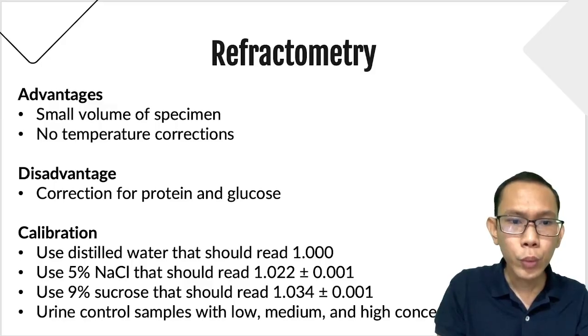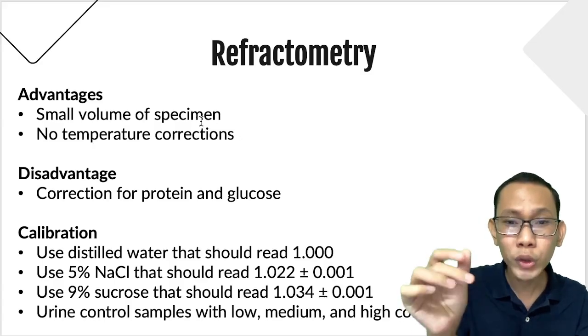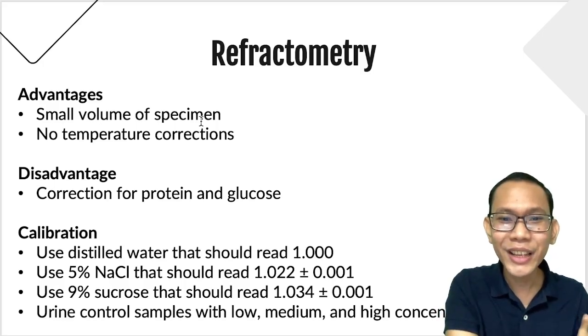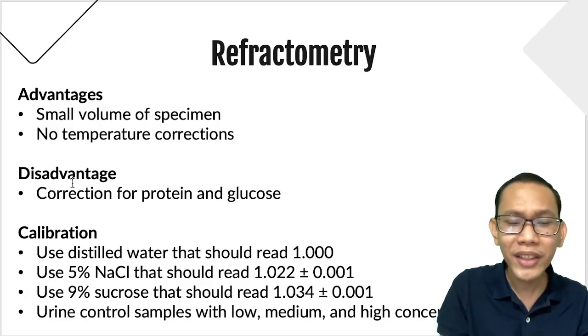So, we have advantages and disadvantages for your refractometry. Advantages natin, small volume of specimen lang, 1 to 2 drops lang of urine, unlike the 15 ml ng ating urinometer. Then, no temperature correction, but again, sa disadvantage niya, we have a correction for your protein and your glucose.